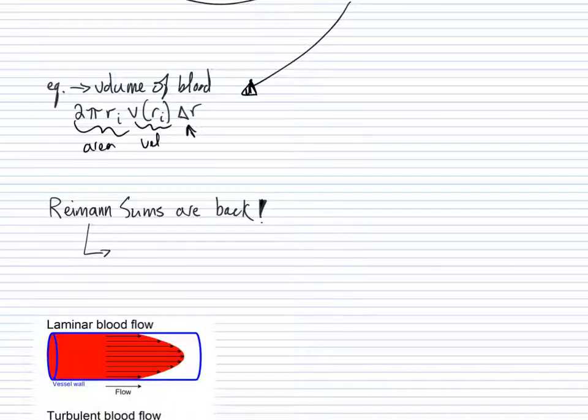So here is the Riemann sum: the sum of 2 pi Ri V Ri delta R, i equals 1 to n segments.